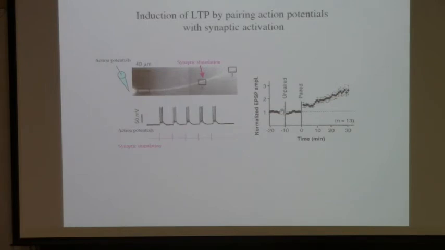When they do it unpaired, one or the other, nothing happens. But when they do both of them, you get LTP. This is the size of the response, nothing here, and then you get LTP. And this is interesting: if you make the cell fire action potentials in here, you can potentiate the responses that you're stimulating in here.